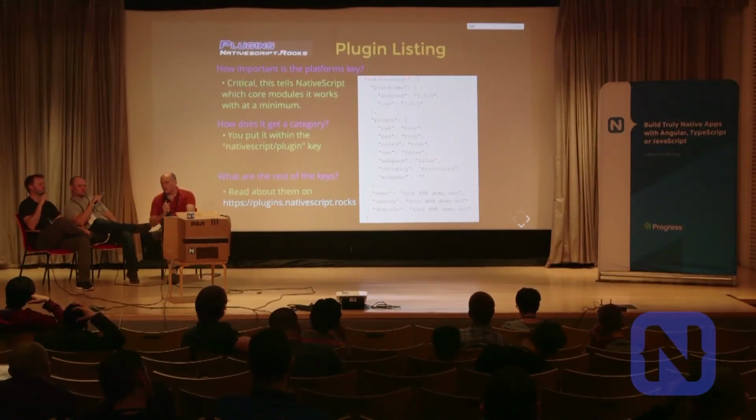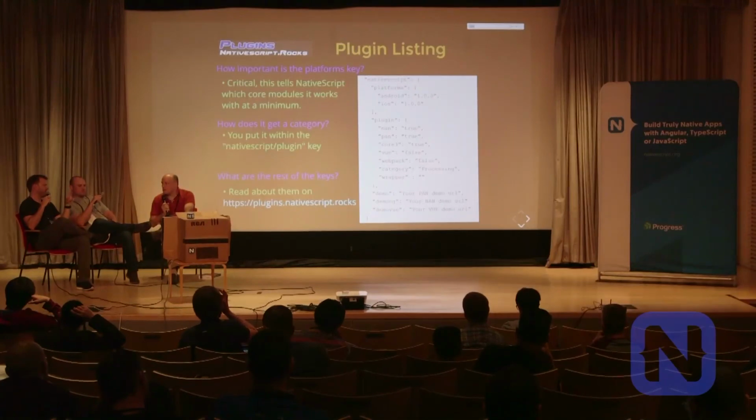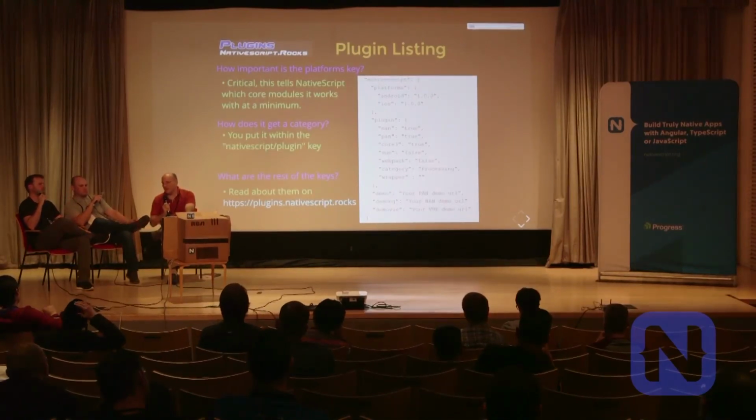Pan is plain, which is defaulted to true, so you don't normally have to do that. Normally you put a false there if you know for sure it only works with Angular and doesn't work with whatever else. And so that plugin key is only for Nativescript.rocks. At this moment, to my knowledge, I'm the only one who uses it, and it's documented on the Nativescript.rocks site with all the details.